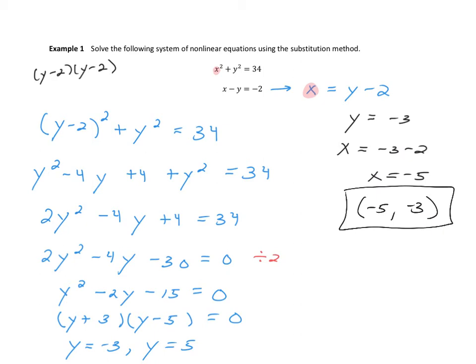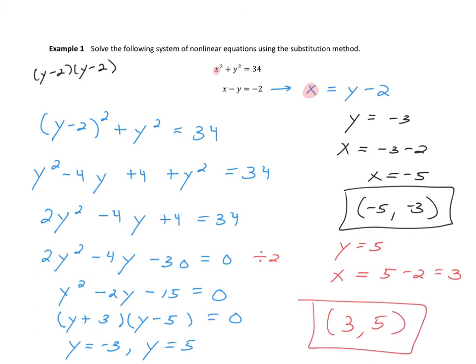For the other y value, that was y is equal to 5. Going back to the same equation, x is equal to 5 minus 2, and that's equal to 3. So our other point is 3 for x and 5 for y. And those are the two solutions to this system.